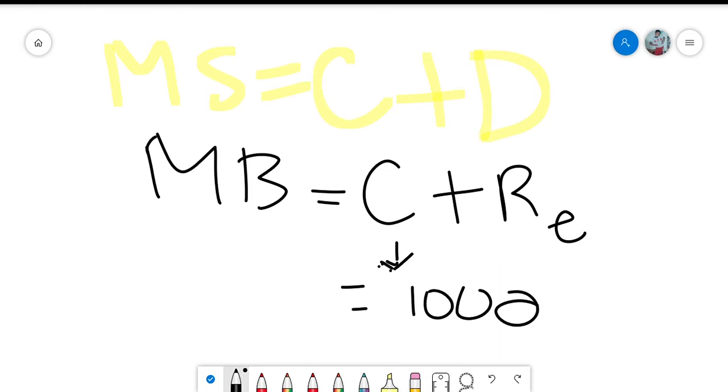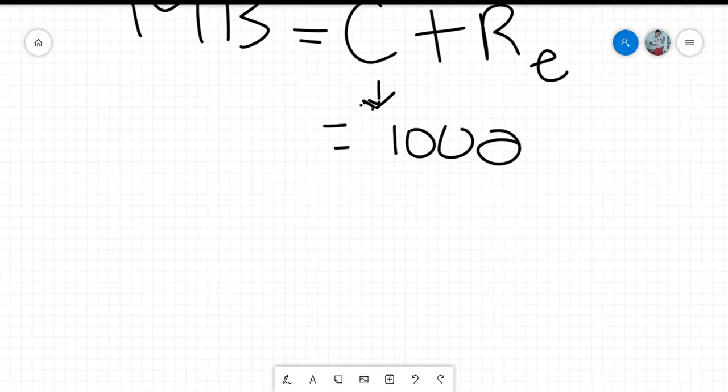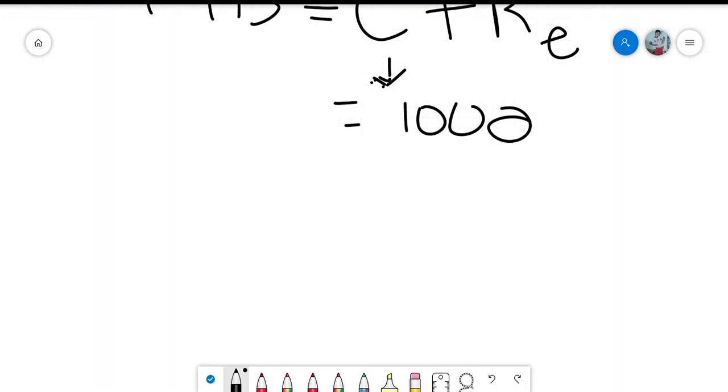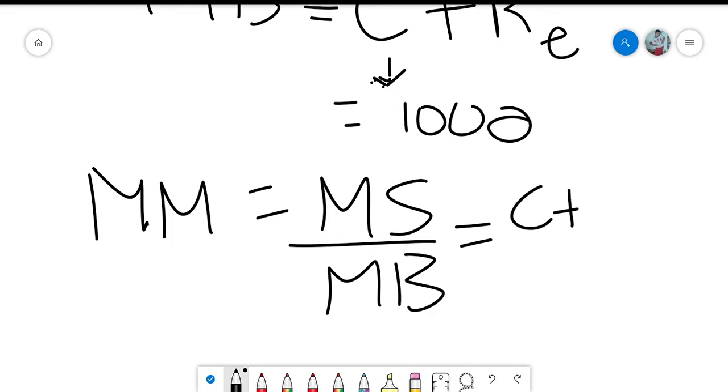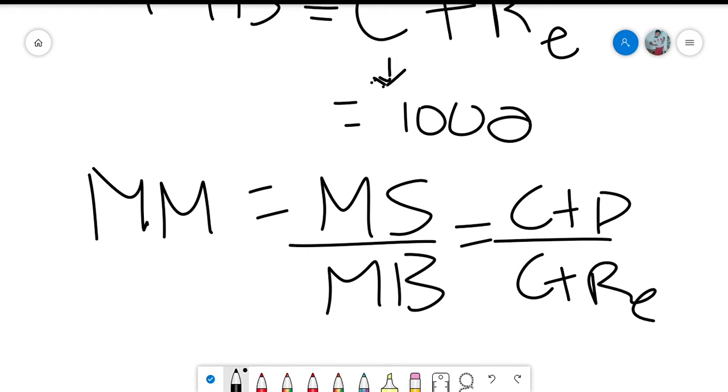So basically, monetary base is just the original money that you had, and money supply is how much that monetary base changed. There's a thing called the money multiplier, which finds the ratio between them. The money multiplier equals money supply over monetary base, which you can write as C plus D over C plus RE.